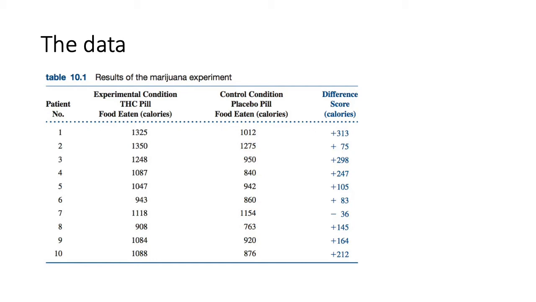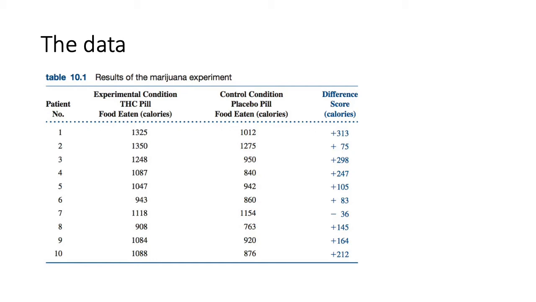Now, if you look at each row in the table, we'll see that, for example, patient number 1 ate 1,325 calories after ingesting THC. They ate only 1,012 calories after placebo. So what we want to calculate is a difference.